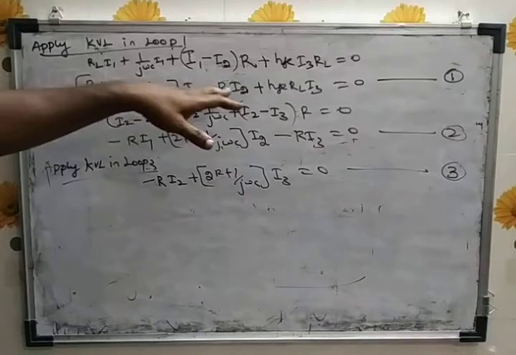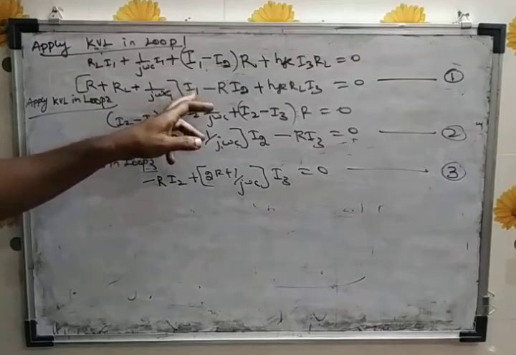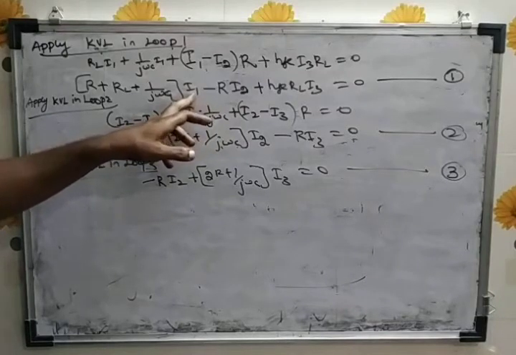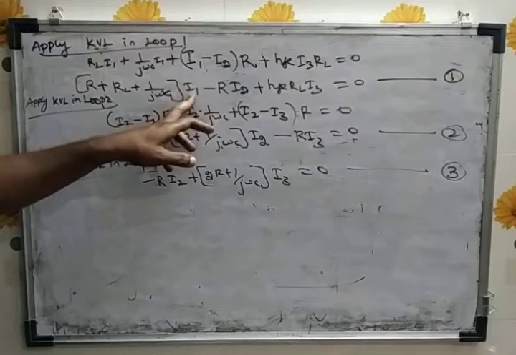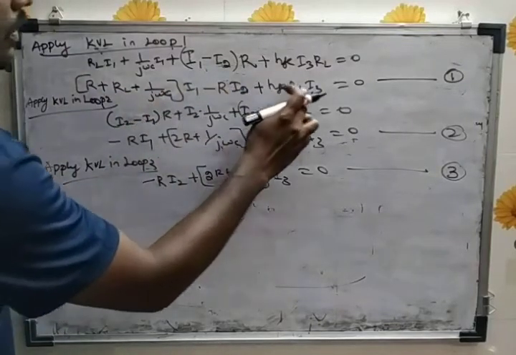From these three equations, we can form a matrix. So, we have currents I1, I2, I3.